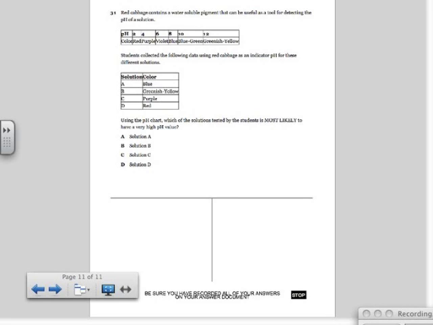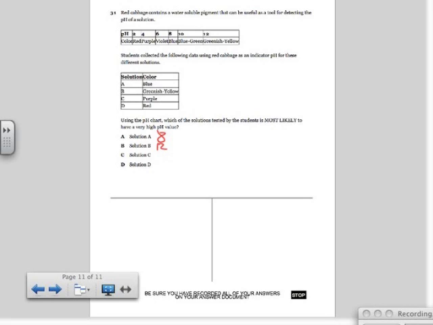Using the pH chart, which of the solutions tested by the students is most likely to have a very high pH? Okay, so we have to coordinate the color to the right thing. Solution A was blue, and so blue was an 8. Okay, solution B was a greenish yellow. So greenish yellow was a 12, it's the highest.